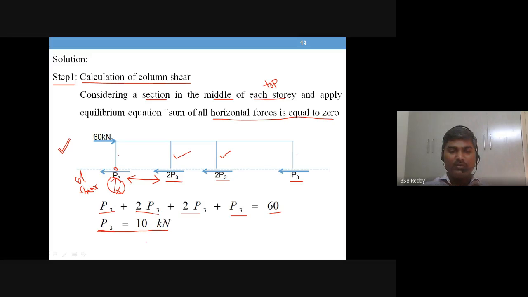Now, when you draw a free body diagram, wherever you have made a separation, you show the internal reactions. So a column has got 3 internal reactions: bending moment, shear, axial load. Bending moment anyhow is 0 because you have cut the frame at the middle. At the midpoint there is no bending moment, so no need of showing it. Even if it is present, it doesn't matter because you are applying only sigma Fx equal to 0. So only horizontal forces are important for us.